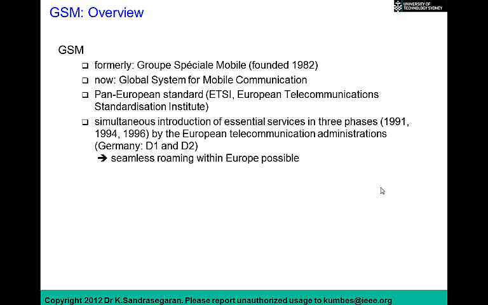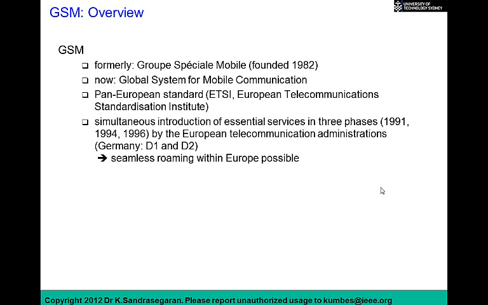So there was an institute that was called the European Telecommunication Standards Institute, ETSI, that was formed to develop the GSM standards. And there were three phases associated with this standard, and we'll go through it. Again, one of the important things was this aspect of seamless roaming within Europe.